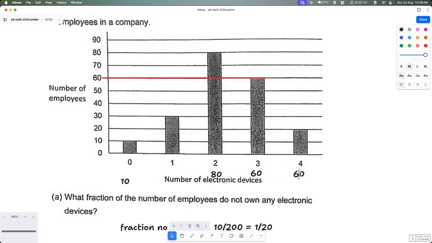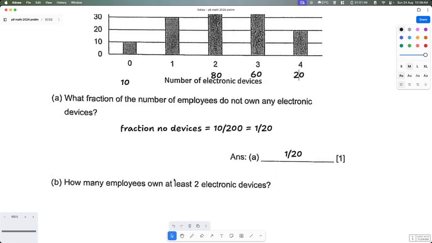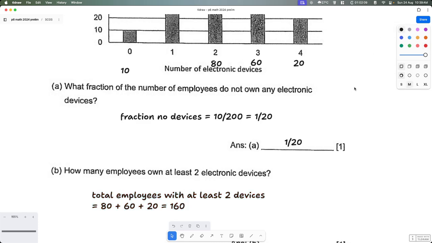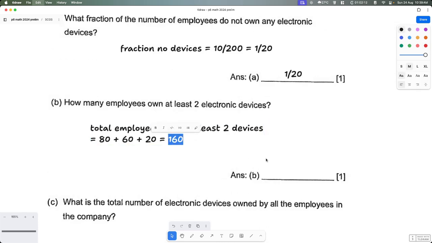So now we can just combine. Total employees with at least 2 devices is equal to 80 plus 60 plus 20, and this will give us 160. Pretty straightforward. Let's move on to the next question.